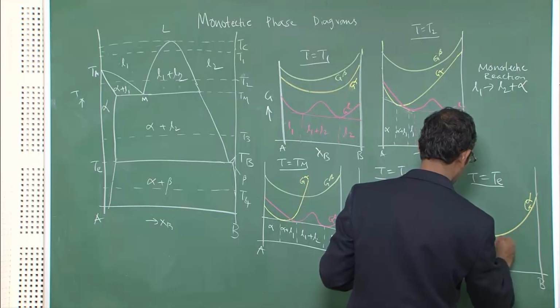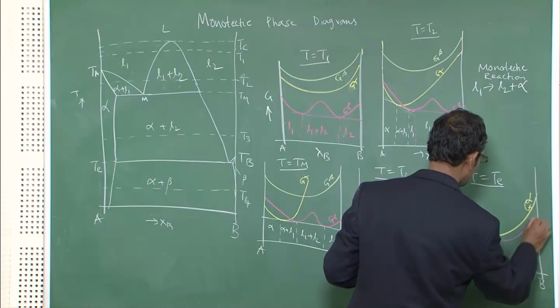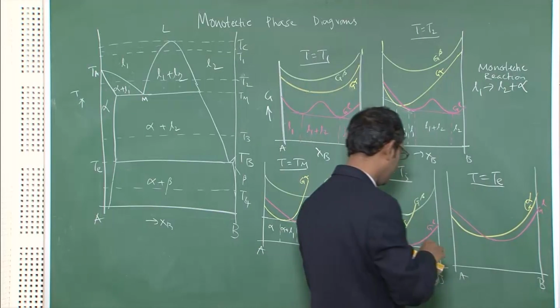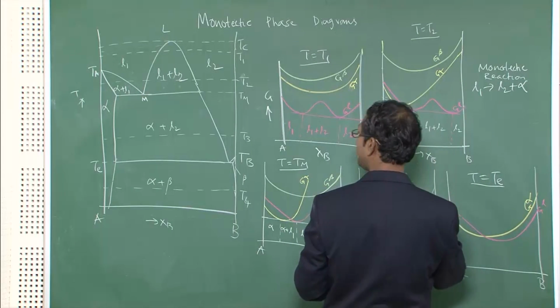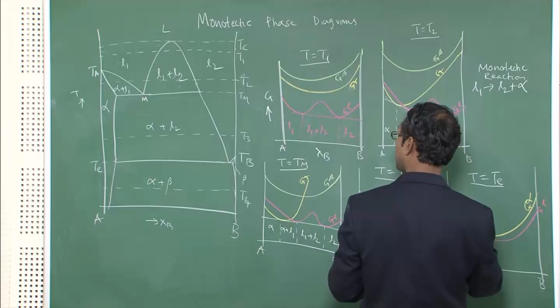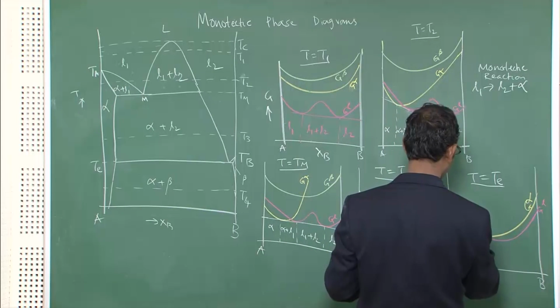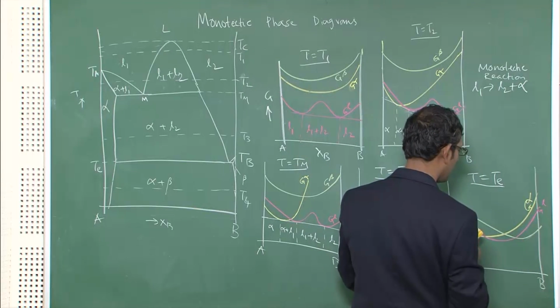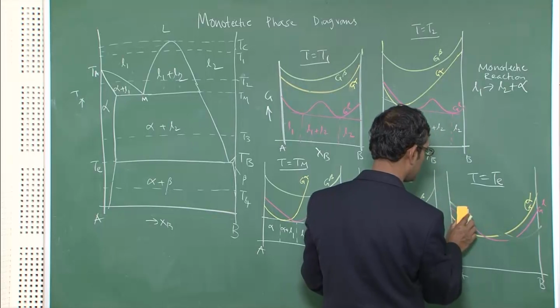This is GL, and subsequently I draw beta, present at the right hand side. This will be a little bit down, otherwise the common tangent cannot be drawn.